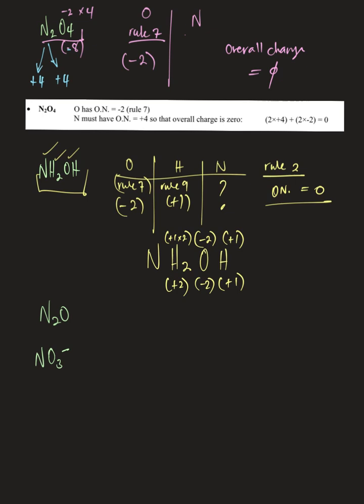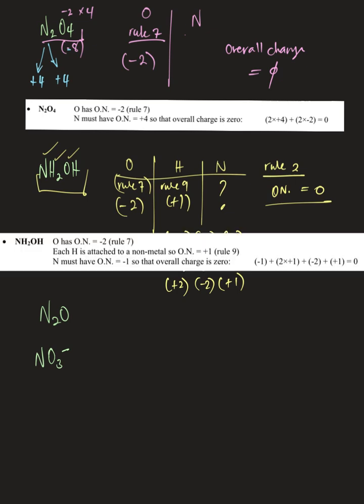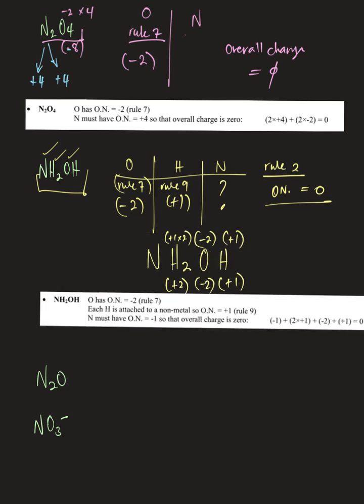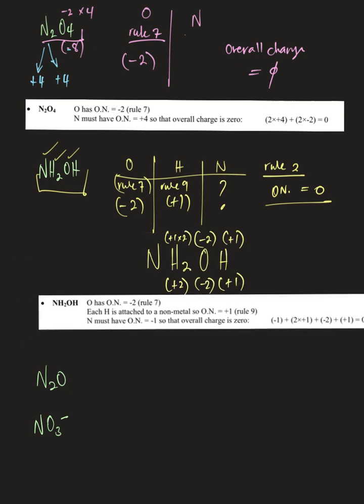The only way to do that is if the nitrogen is -1. I'm going to have -1 from my nitrogen because it has to even out, since technically I've got +3 and -2, so I need another -1.